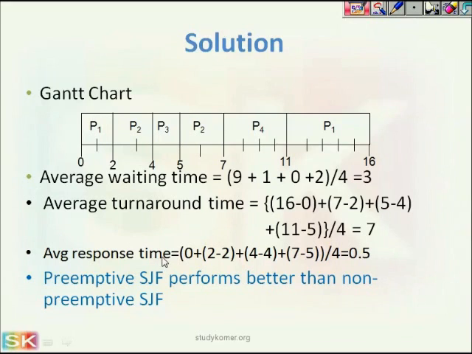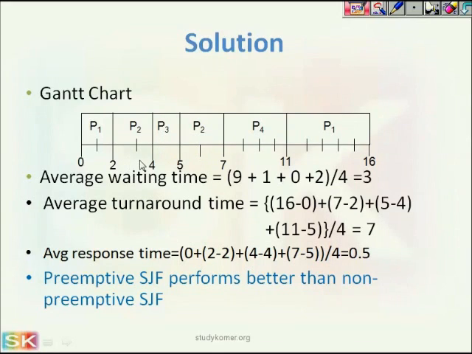Average response time. For process P1, it was submitted at time 0 and first got the CPU at 0, right? So response time for P1 is 0, plus P2 was submitted at time 2 and got the CPU at time 2, so again the response time of P2 is 0.